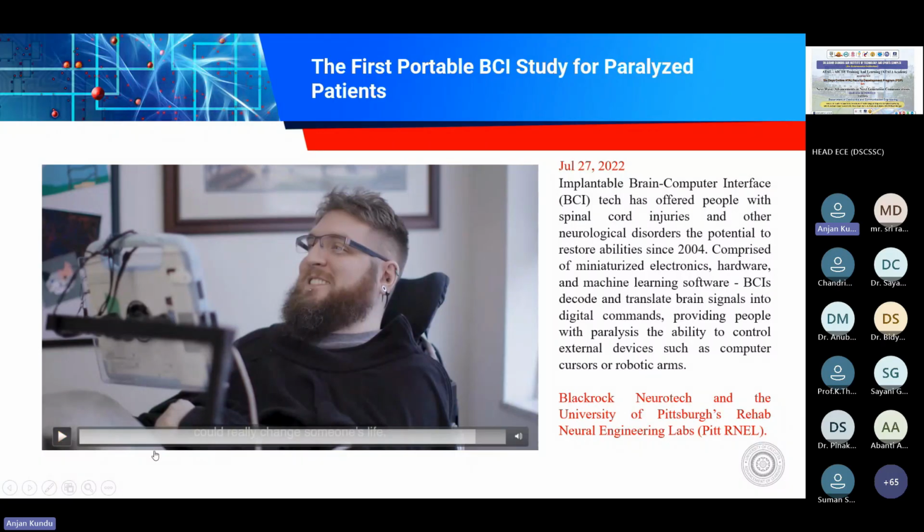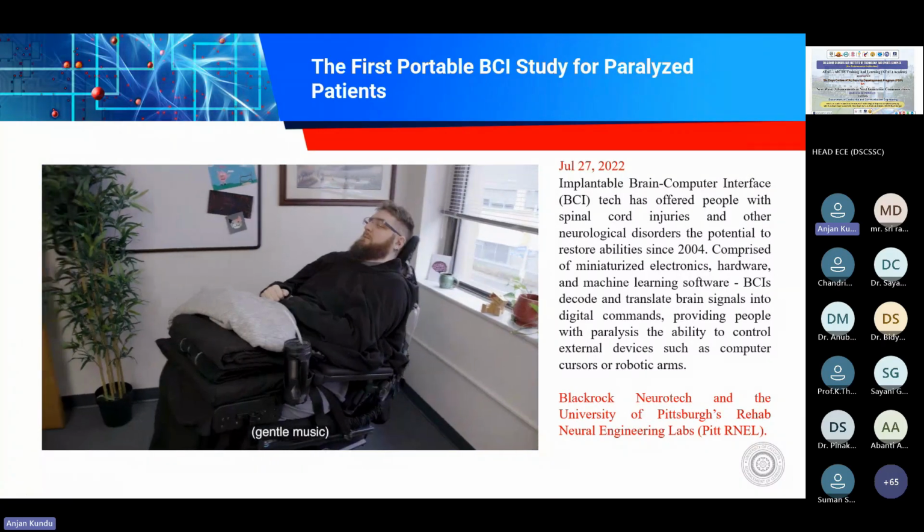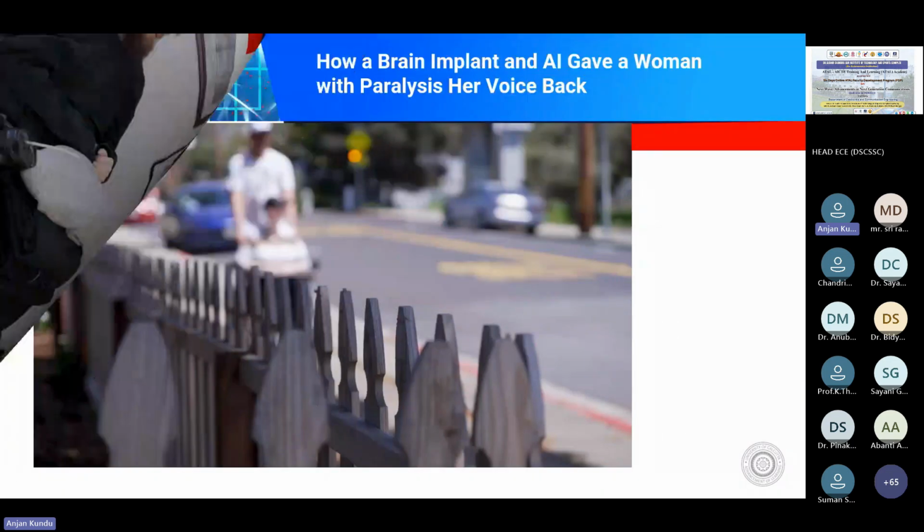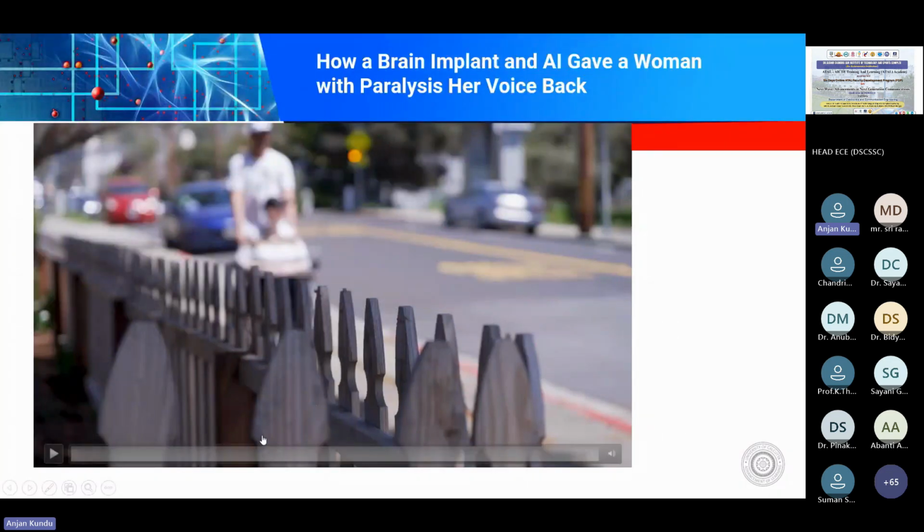So it is an interdisciplinary subject. This is also an example of a woman who has a paralysis, and due to that paralysis, she lost her voice. So with a brain implant and IoT and AI, they have generated an Alexa type model in a computer, and whatever the woman is thinking, instead of speaking, she is just moving her lips.